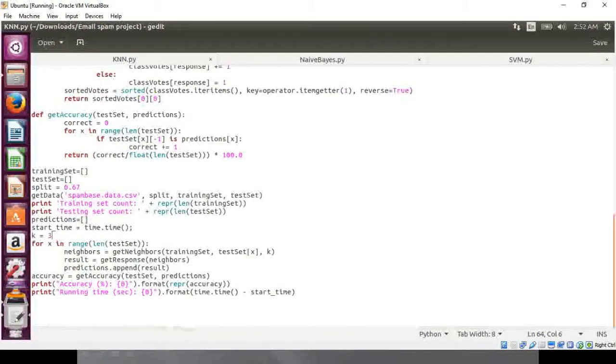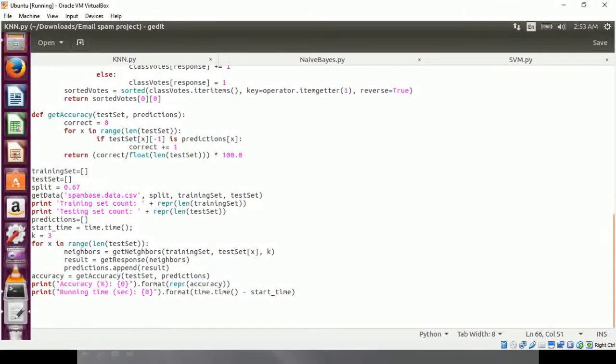After that, we calculate the result from all the neighbors, and using that result we predict. For example, the result is 2 of its neighbors are non-spam and 1 is spam. So in predictions, we predict whether this test set is spam or not spam, and then we calculate accuracy similar to that in naive Bayes.